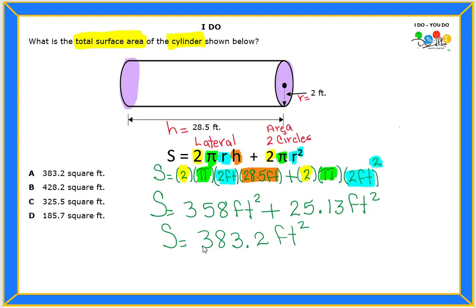Remember, this is area, so the units are square feet, right? So look at that answer, and I hope that by now you found it. And yes, the answer is letter A for us in here. And remember, this is the total surface area.